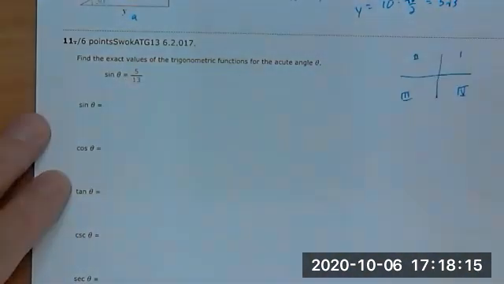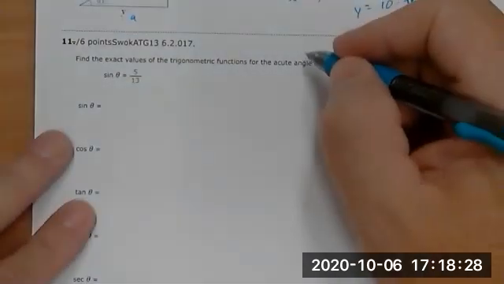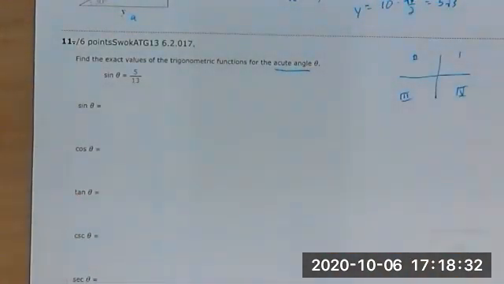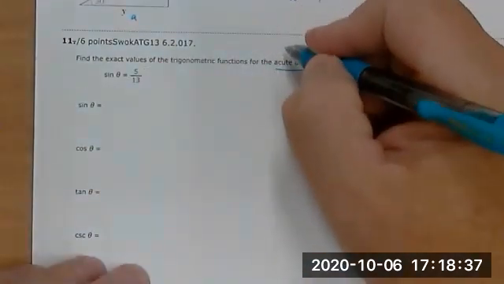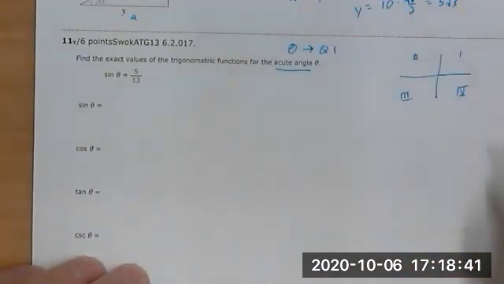Whenever you do these kinds of problems, the first thing you have to do is figure out what quadrant your angle is in. Because once again, the quadrant is going to determine whether your final answers are going to be either positive or negative. The key here is they tell us an acute angle. Acute means it's between 0 and 90 degrees. So I know for this problem, theta is in quadrant 1.